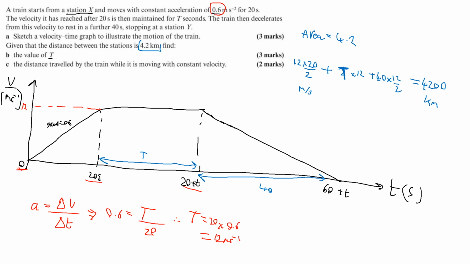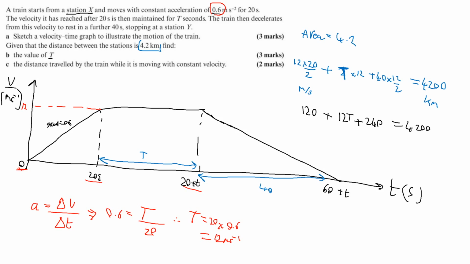Now, all we need to do is simplify that. 12 times 20 over 2 is 120. t times 12 is 12t. 40 times 12 over 2 is equal to 240. And that's all equal to 4,200.